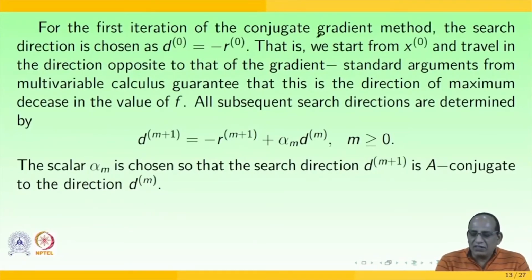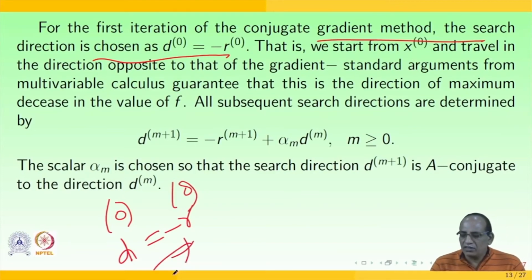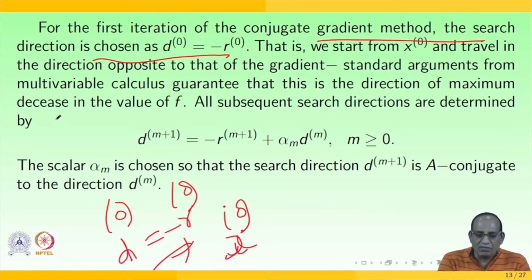For the first iteration of the conjugate gradient method, the search direction is chosen as d_0 equal to minus r_0, which implies x_0 travels in the direction opposite to that of the gradient. Standard arguments from multivariable calculus guarantee that this is the direction of maximum decrease in the value of f.